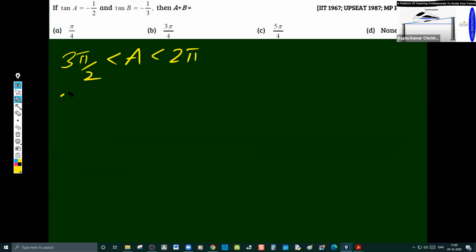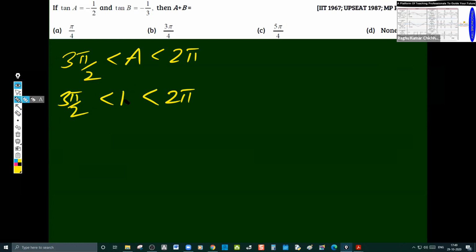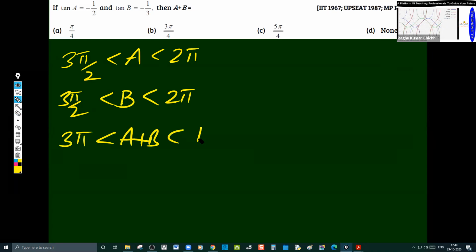And B also, 3 pi by 2 less than B less than 2 pi. Then A plus B lies between 3 pi by 2 plus 3 pi by 2, which is 6 pi by 2, that is 3 pi, and 4 pi: 3 pi less than A plus B less than 4 pi.